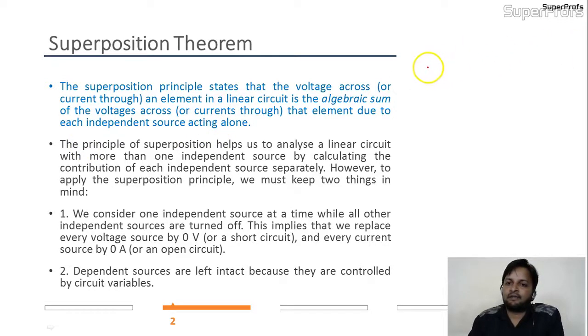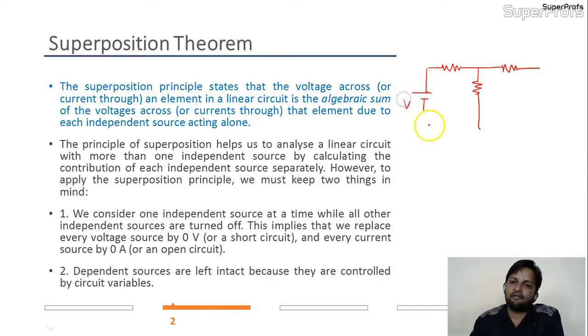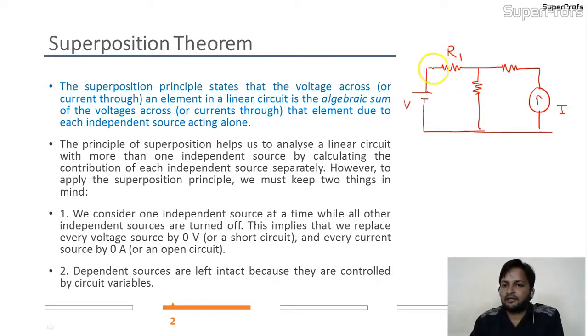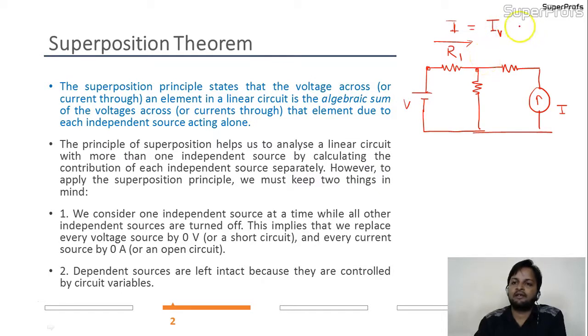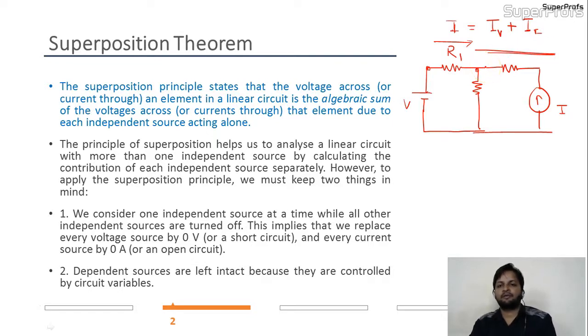Consider a circuit with one independent source, a battery V, and one current source I1. Taking this branch, the current in it is I. According to the superposition theorem, this I will be the current provided by the source V, plus, as an algebraic summation considering direction also, the current provided by the source I1. This is the superposition theorem.